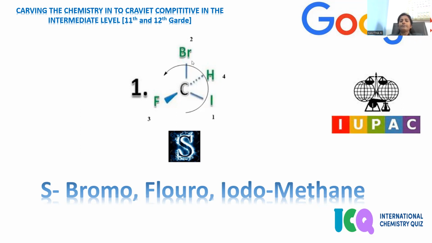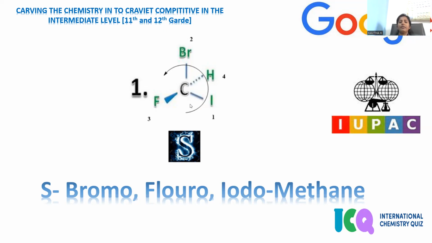How can we give? Whenever you are writing IUPAC nomenclature, alphabetical order plays a vital role. In the alphabetical order, B comes first over I, over F, over H. That's the reason why. Let me mention, no need to mention one bromo, one fluoro, one iodo, because the carbon is only one. So we need not go for numbering over there, right? Bromo, fluoro, iodo, methane we can write.